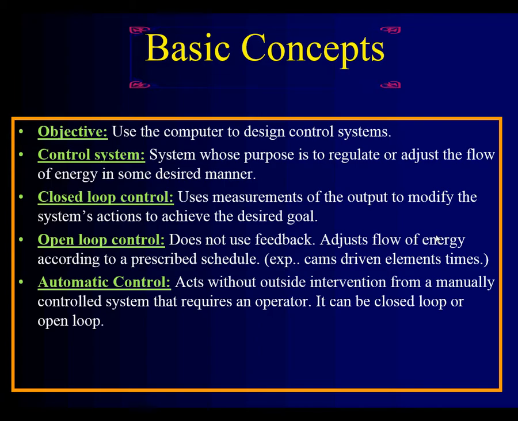Automatic controls. An automatic control is one that acts without any outside intervention, as opposed to a manual system that requires an operator. Automatic controls could be either open or closed loop systems. In the system I just described, if you turn on the lights at 6 and turn them off at 10, this could be done automatically.